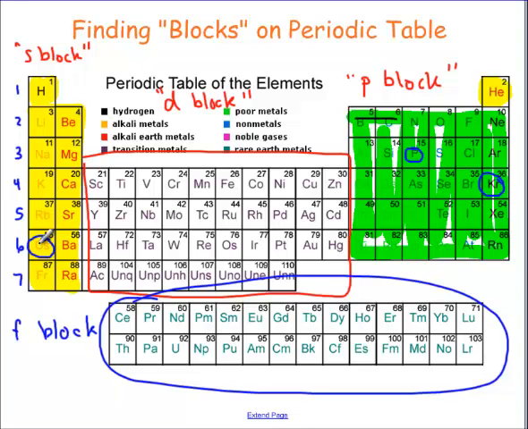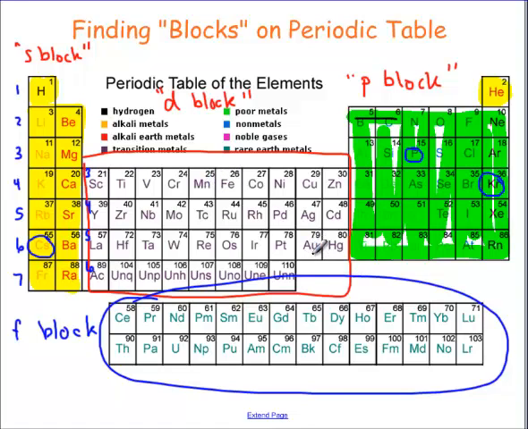Because of the order of energy, the D's and the F's get numbered slightly differently. So scandium right here, element 21, is actually in the third energy level, not the fourth, fifth, or sixth. So for example, iron would be in the 3D block.